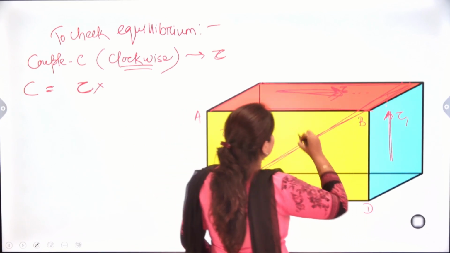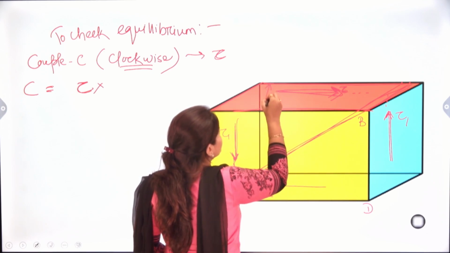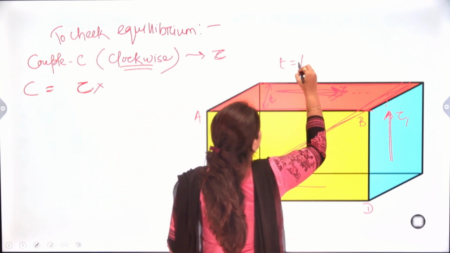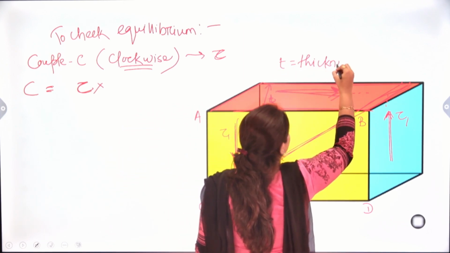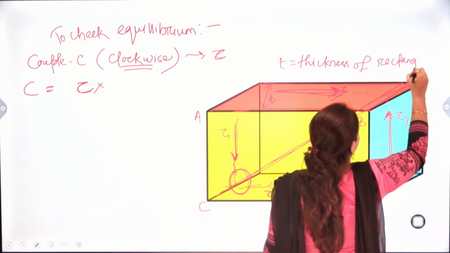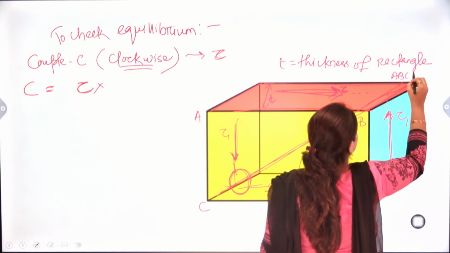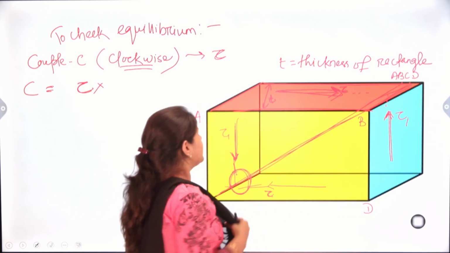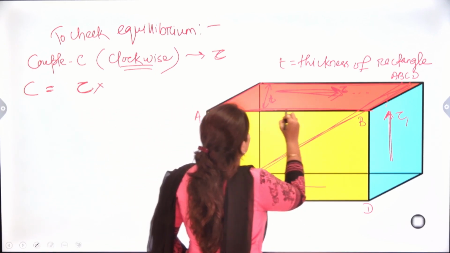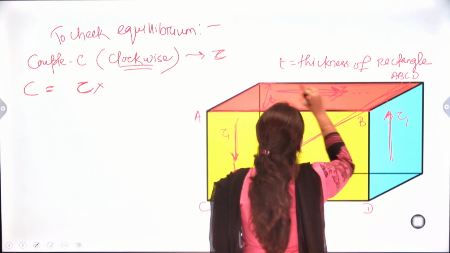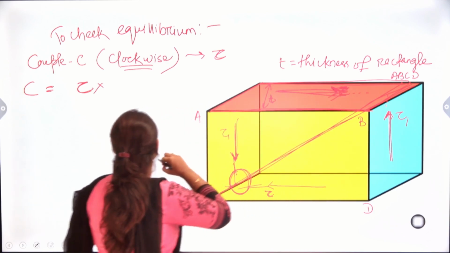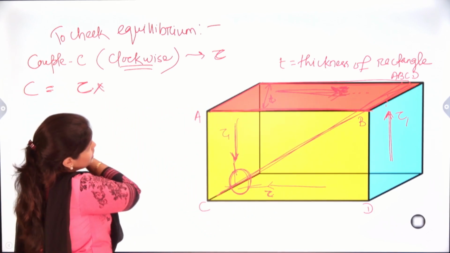We can take T as the thickness of this rectangle ABCD. So we are calculating the couple for the ABCD plane. We have already taken tau as our shear stress.